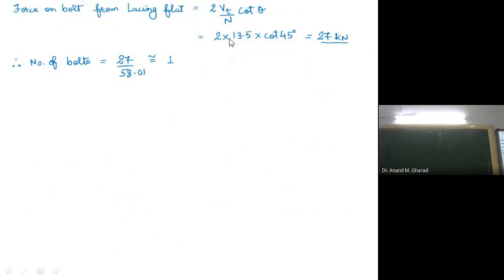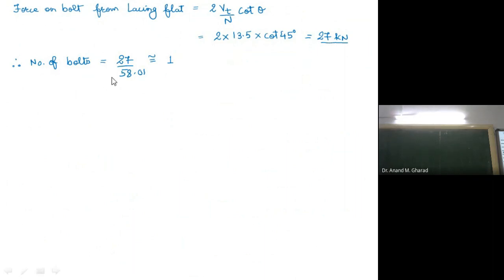So this is the total amount of force which we need to consider in order to calculate the number of bolts which are required. So you will observe that for that very small force, 27 kilonewton compared to the complete 1000 kilonewton load which is coming onto that column, that is very small.